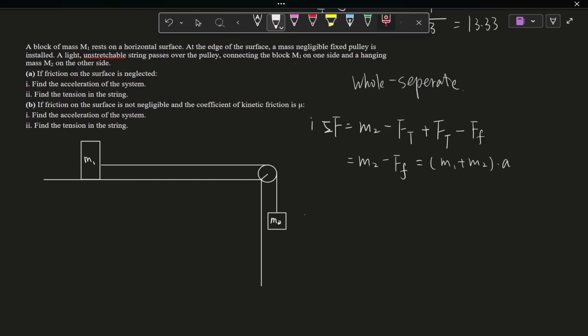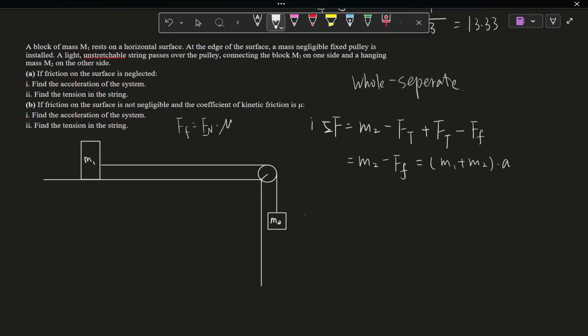Here, Ff is caused by m1, and as we know, the friction force is equal to Fn times mu, right? Since mass 1 is not moving upward or downward, it is in equilibrium vertically, which means Fn is just equal to Fg. The net force vertically is 0, and there's only the gravitational force and normal force acting on it, so these two are equal.